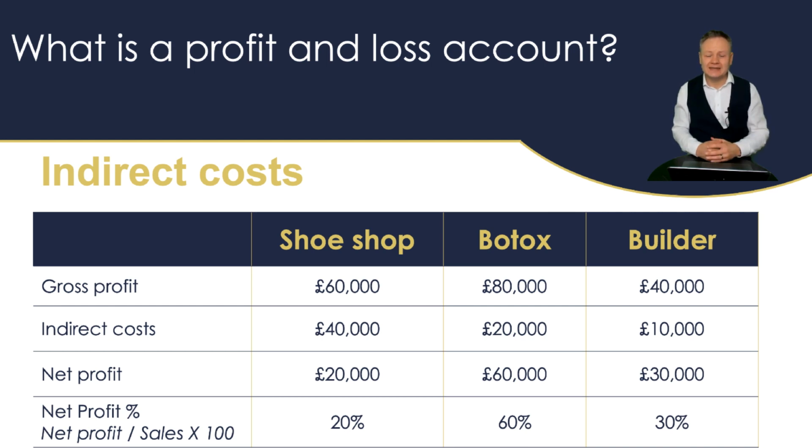The reason for that is if you are a shoe shop, you may well be in a retail space, high streets mainly, and that can be very, very costly, as opposed to a management consultant who is using an office outside of the city centre. The builder's cost for their overheads isn't going to be that much. They may even work from home or may use a serviced office that isn't going to cost them an arm and a leg.